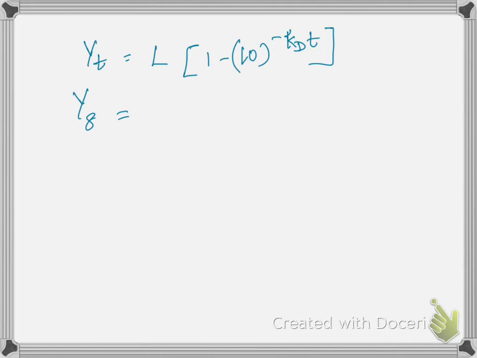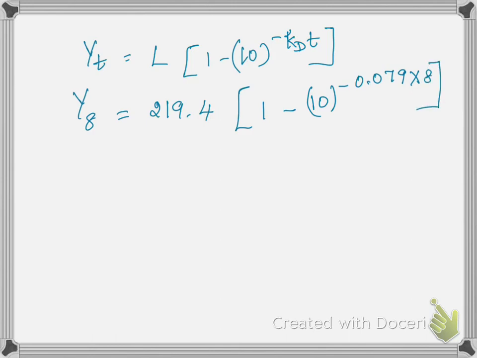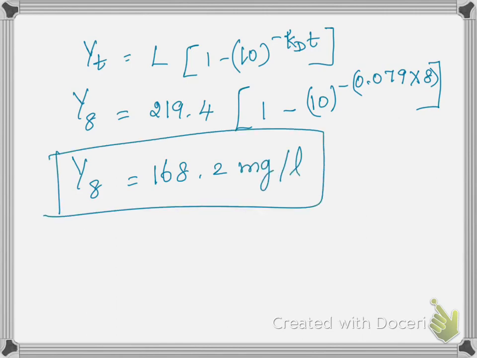L value is what we have determined earlier, which is 219.4, into 1 minus 10 power minus of KD at 15 degrees Celsius, which is 0.079, just now we have got it, into T, which will be 8 days. Now all the values are known to me. So I will get my Y8 value as 168.2 milligram per liter. So this is the answer.